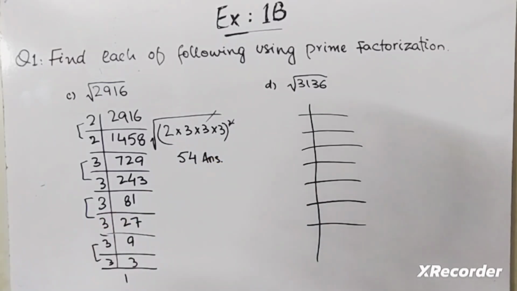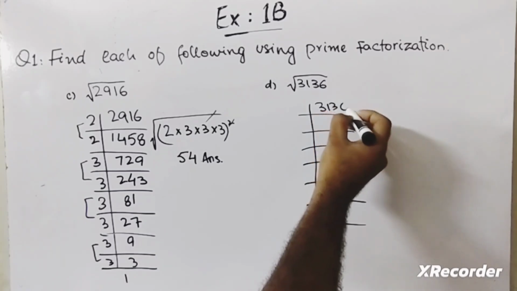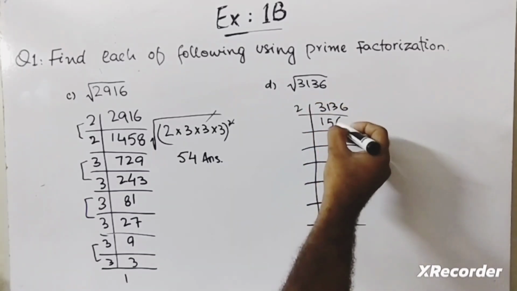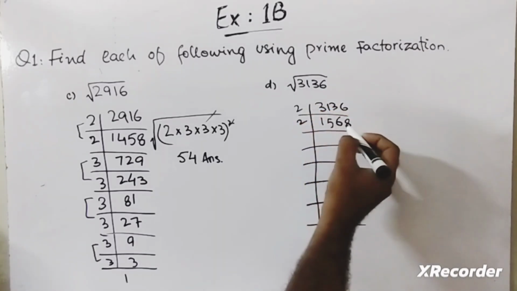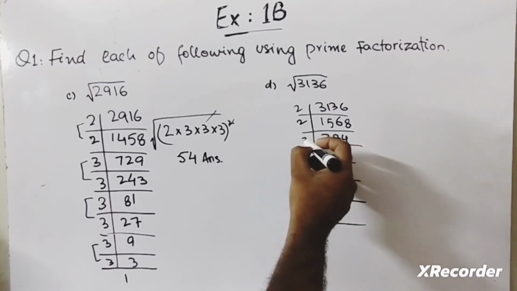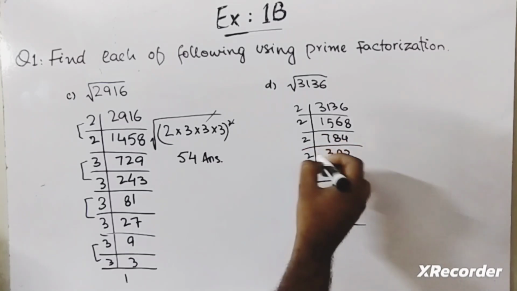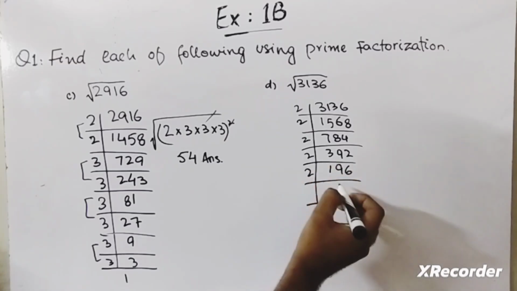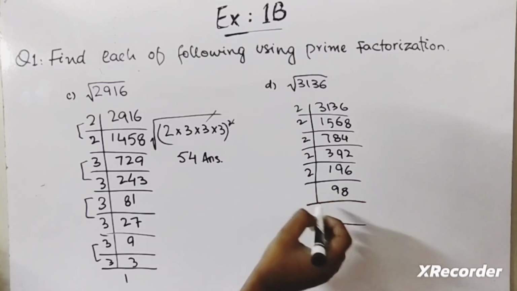Now part D, 3136, a similar question. With 2 we get, okay, again with 2 we get, again with 2, again with 2, again with 2, and again with 2.